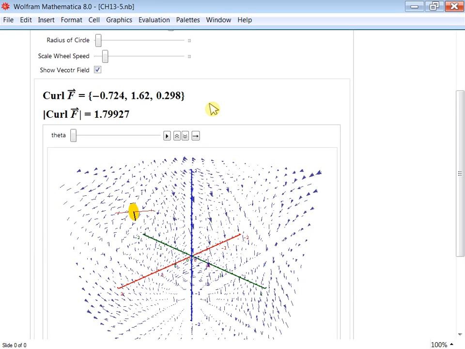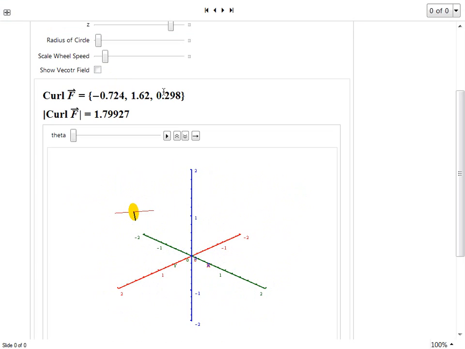You have a vector field at every point in the three-dimensional space, right? At every point, there's a vector. That's not what the curl is. But let me get the field out of there.